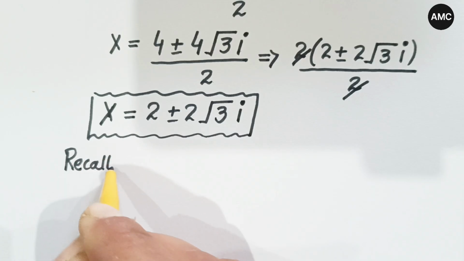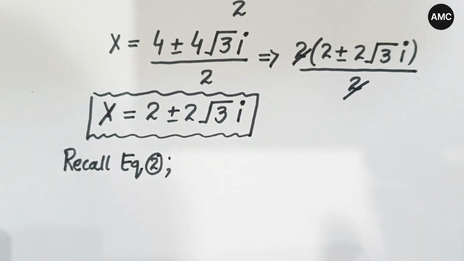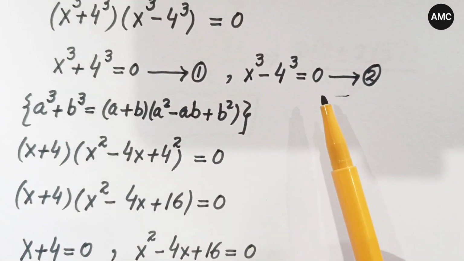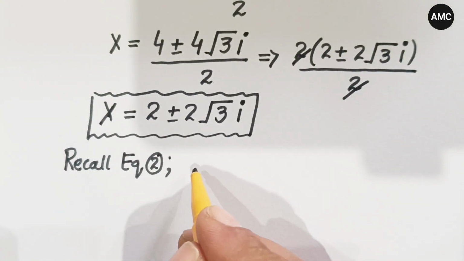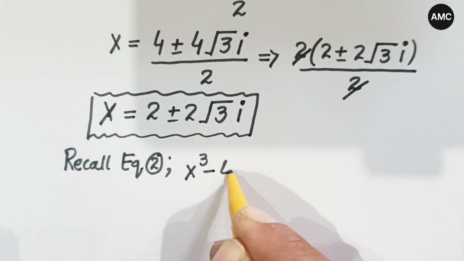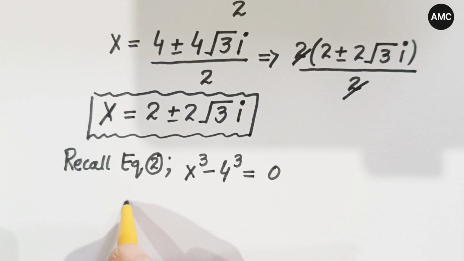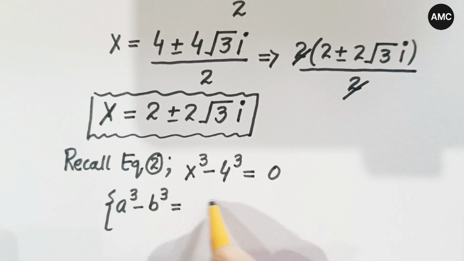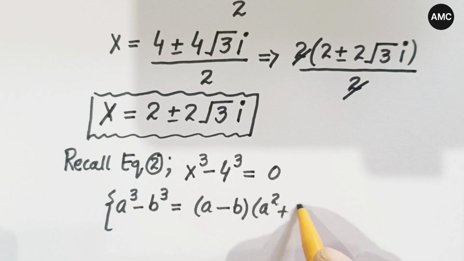Here our equation 2 is x cubed minus 4 cubed is equal to 0. As we know that if we have a cubed minus b cubed, then it is equal to a minus b times a squared plus a times b plus b squared.